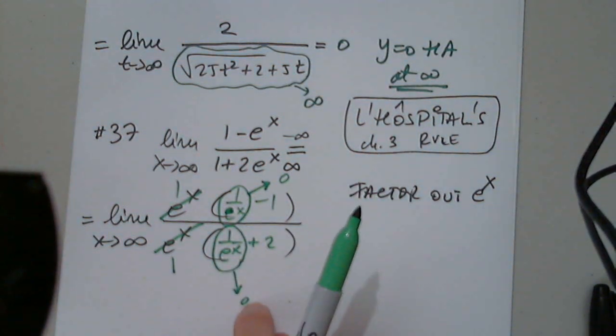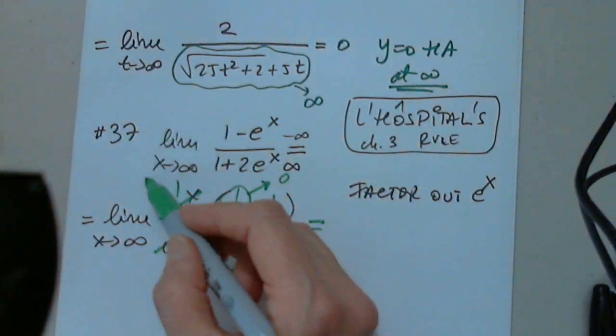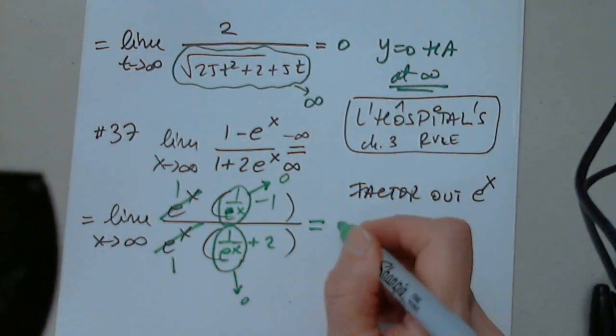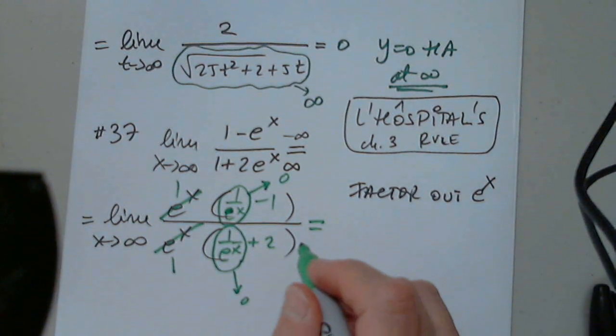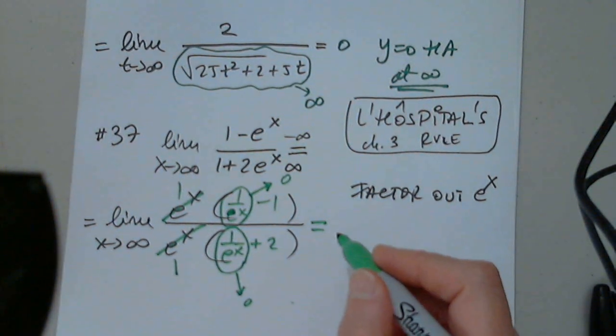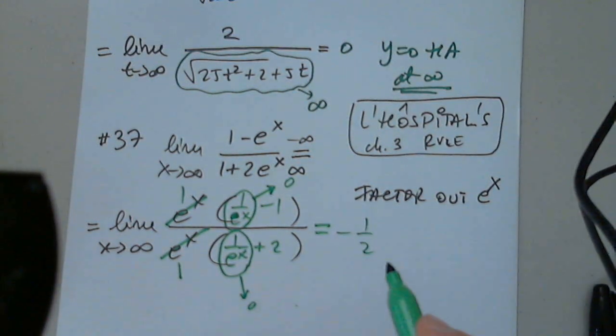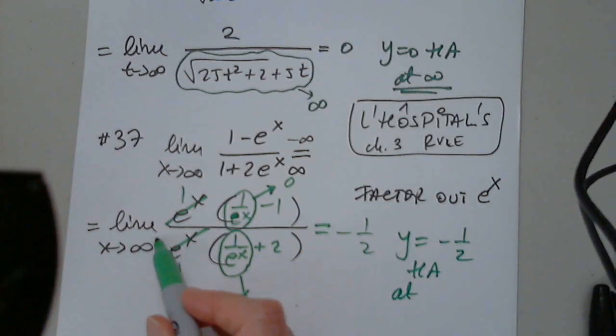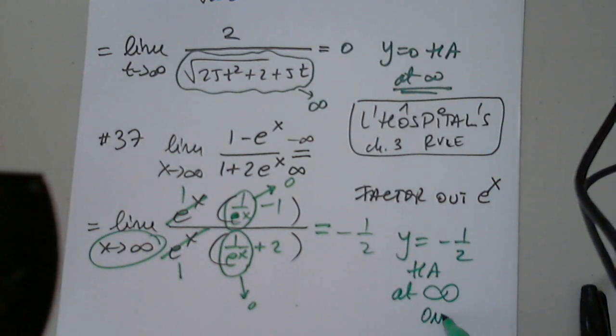So now, only now, I drop the limit operator because I applied the limit, and I can write the final answer, which is -1/2. Very good. Which means y equals -1/2 is a horizontal asymptote, definitely at infinity only.